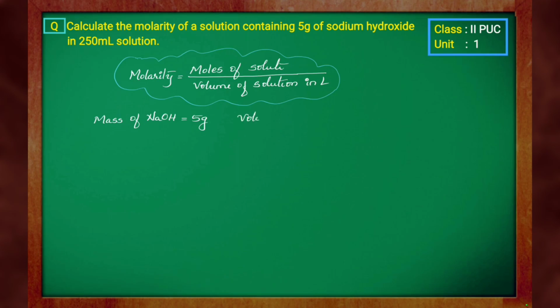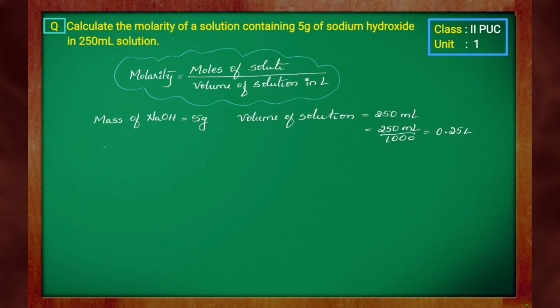So volume of solution is given to us, that is 250 milliliters. Now this volume of solution should be in liter to substitute into the formula for molarity. So dividing this by 1000, we get the volume in liters. So that is 0.25 liters.